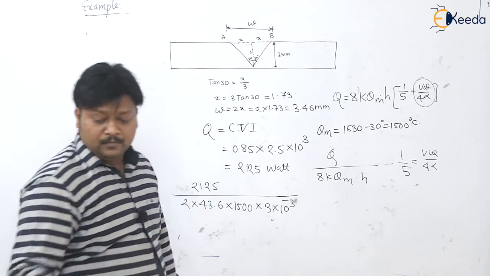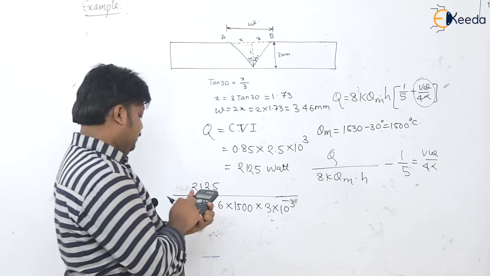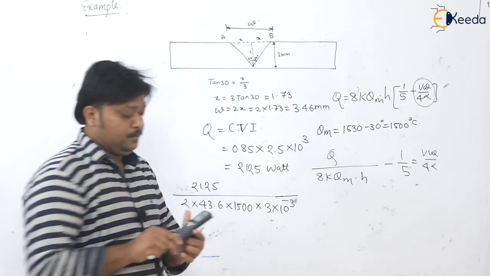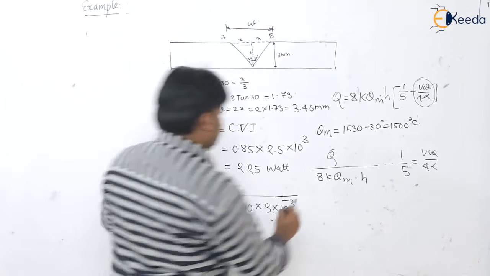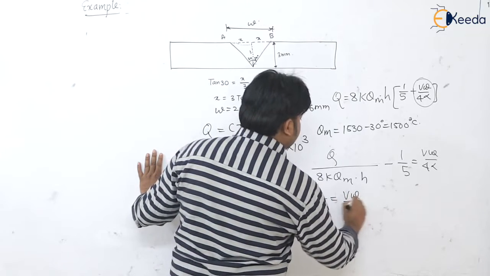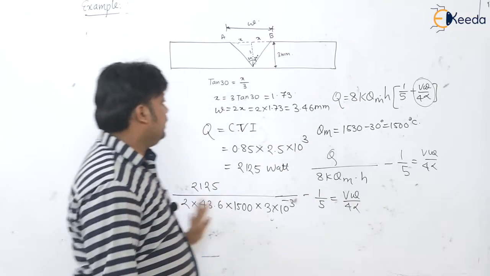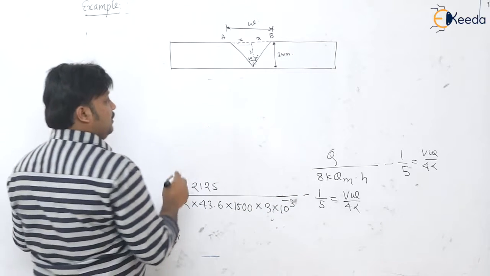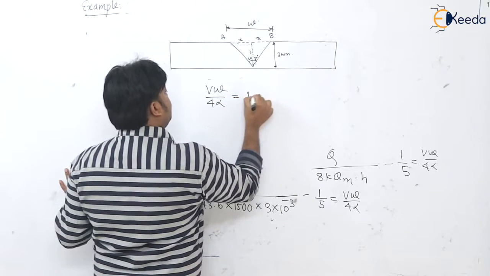Just check this is correct or not. 0.85 into 2.5 into 10 to the power 3 is 2125. After solving, minus this 1 by 5, let us solve for VW by 4 alpha and tell me what is the value. Do it. So you will get VW divided by 4 alpha as 1.05. Please check.